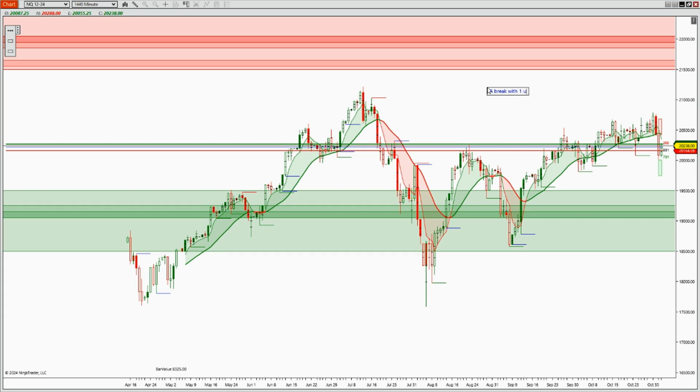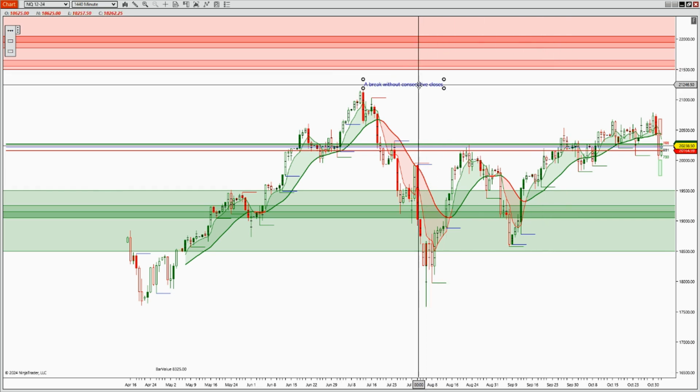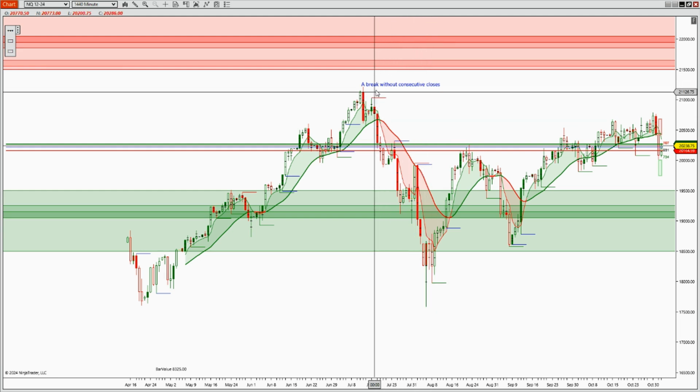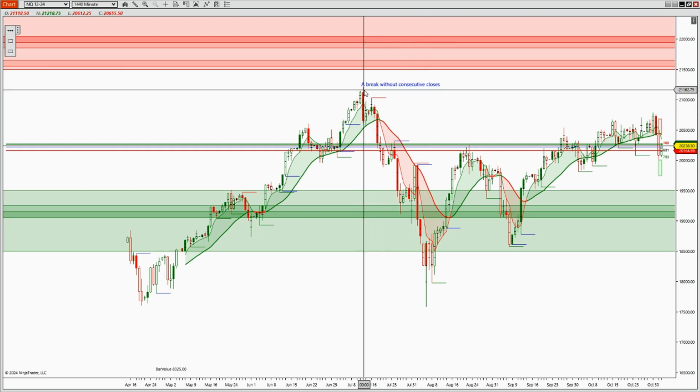Well, let's do it like this. Without consecutive closes, and we're going to go into something smaller so you can kind of see how this works. So you're going to get a break if they can run up here. If they can run up here, I doubt they'll give that consecutive close. I doubt it.